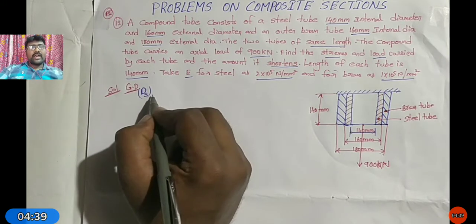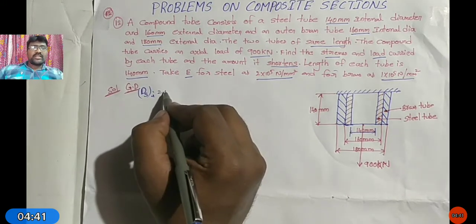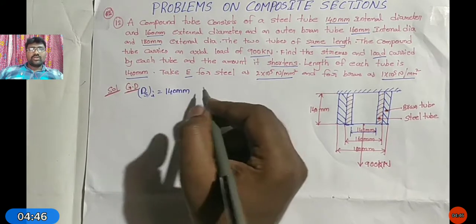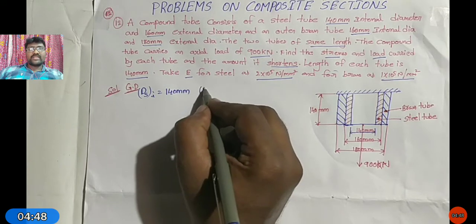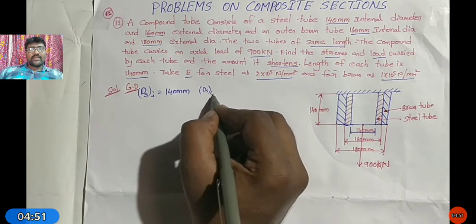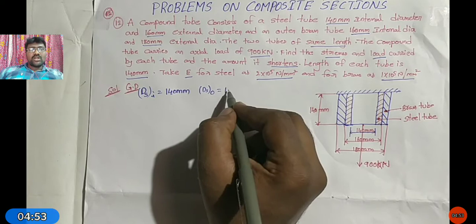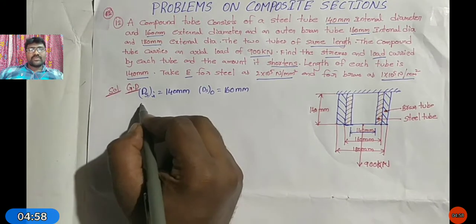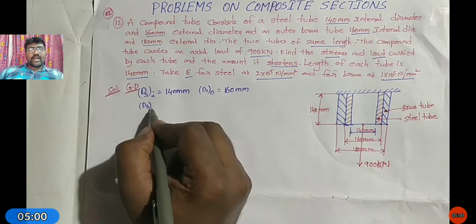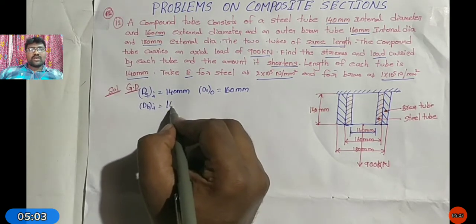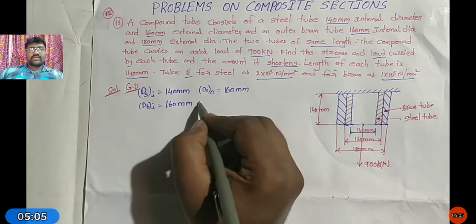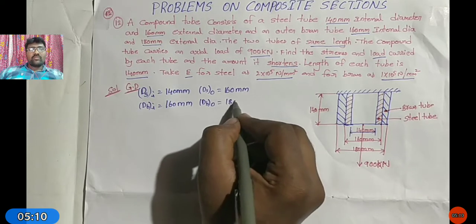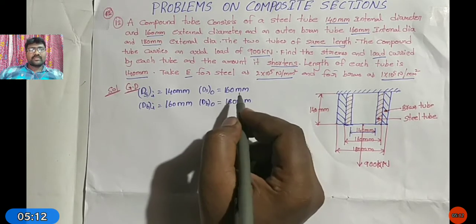First, the diameters of the tubes: we need to note down inside and outside diameters. Inside diameter of the steel tube is 140 mm. Outside diameter of the steel tube is 160 mm. Similarly, the inside diameter of the brass tube is 160 millimeters. Same, the outer diameter of the brass tube is 180 millimeters.